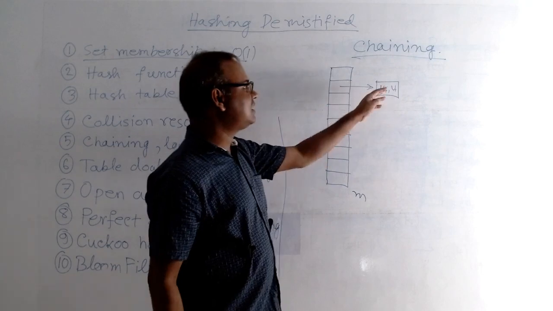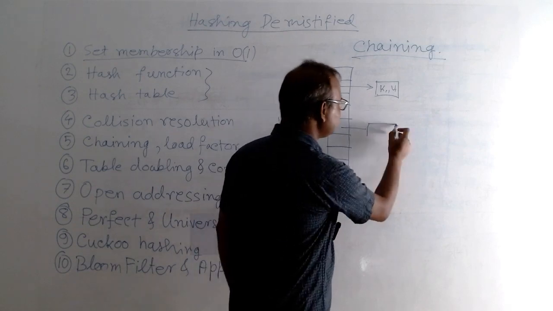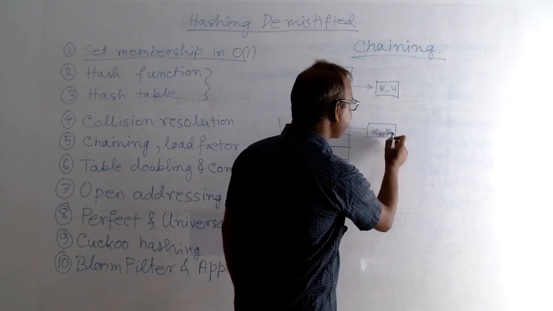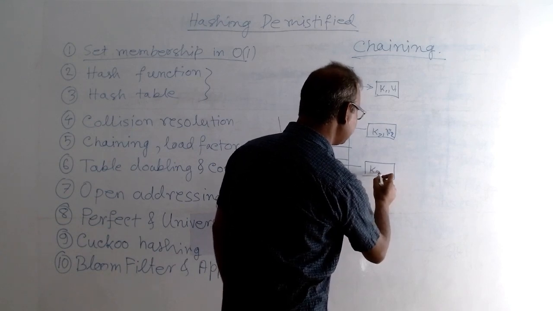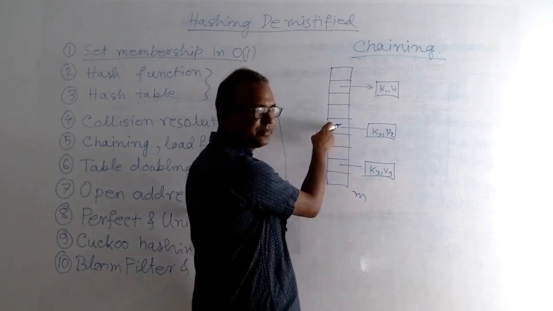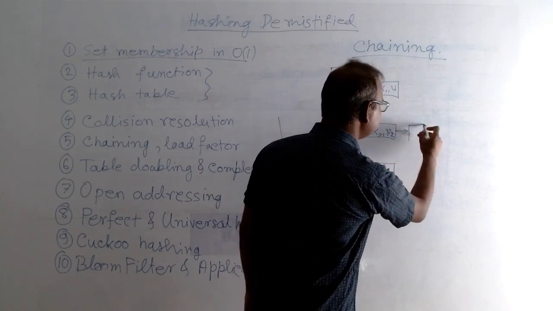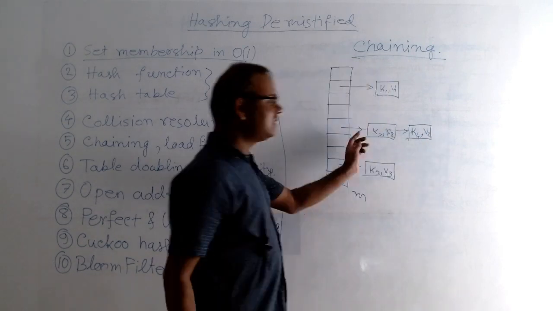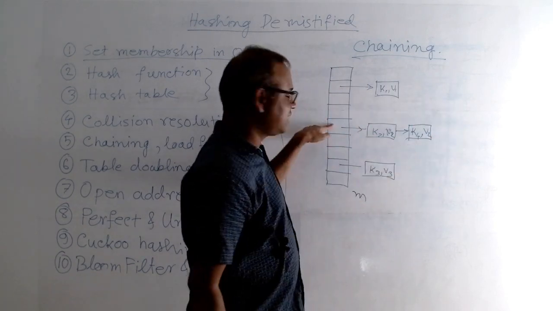K1 b1 is inserted there. Now k2 b2 is inserted somewhere else, in this way. K3 b3, let's say, is inserted here. Now k4 b4 is demanding the same position. There is a collision, so we implement it in this way: there will be k4 b4. So all the colliding elements will be added in a separate chain at the same position.